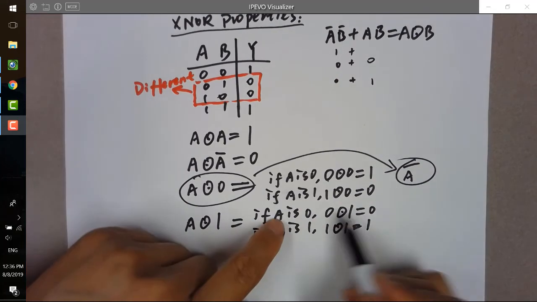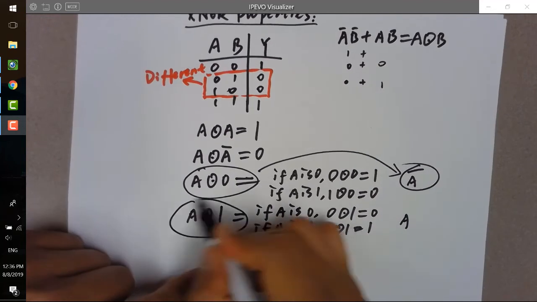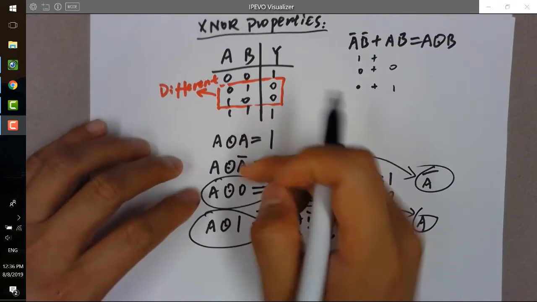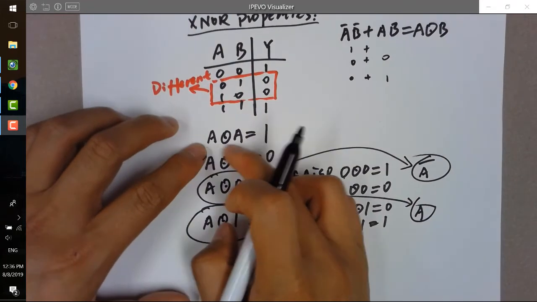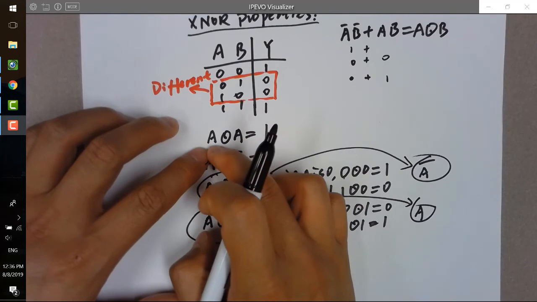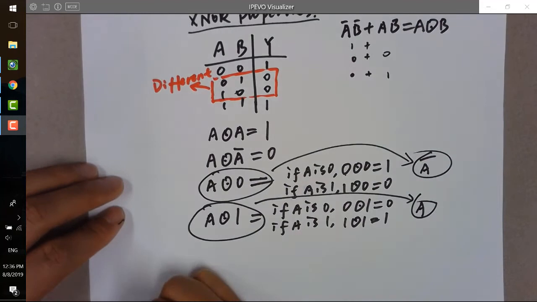So when A is 0, you got a 0. When A is 1, you got a 1. So the result will be A. For this one, the result is A. When you are doing this, you don't know what A is, it's just a case. So in that case, you just want to plug in the numbers to replace A and then try to find out the result here, right?